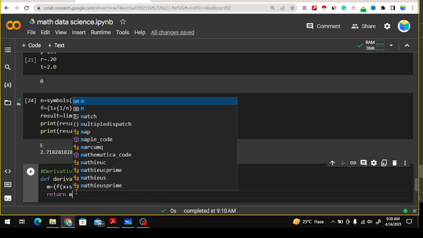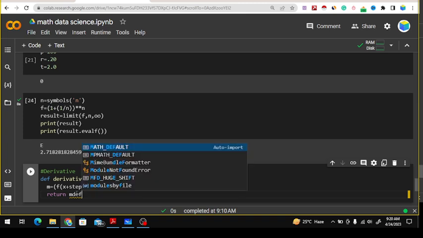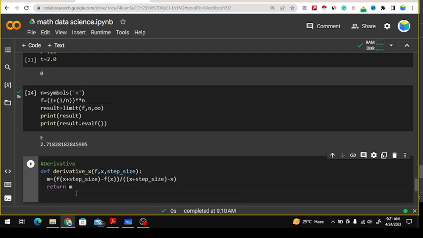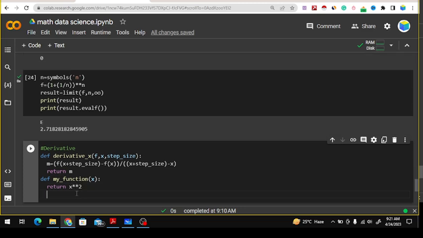Now let's create another function, def my_function, and return.